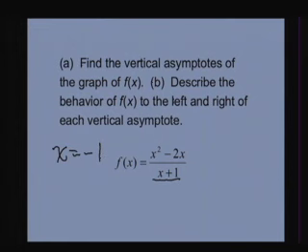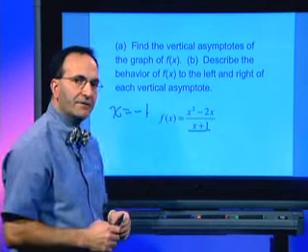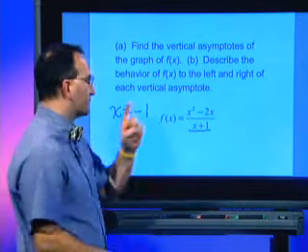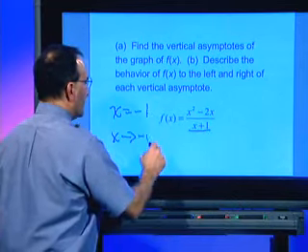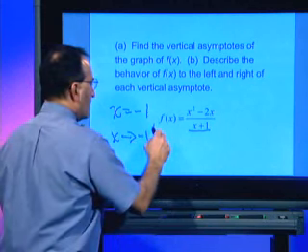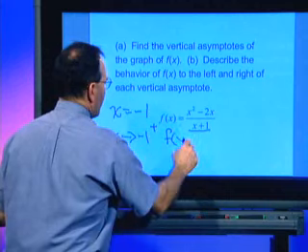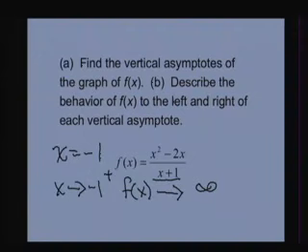That's going to be a positive number here because we'll square it. This is going to be positive because it's a negative times a negative. And the bottom, negative 1/2 plus 1, is also positive. So what that means is that as x goes to negative 1 from the positive side, f of x is going to positive infinity.